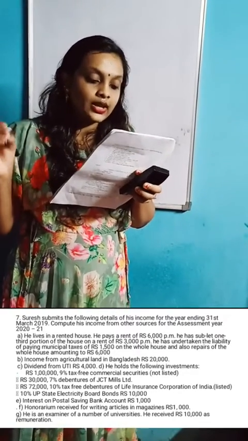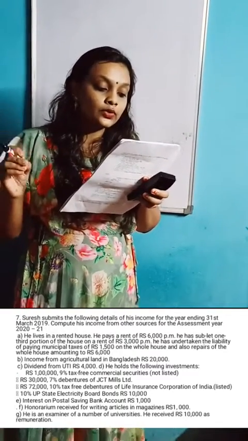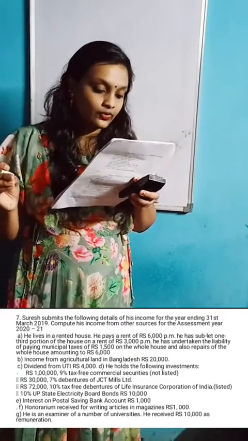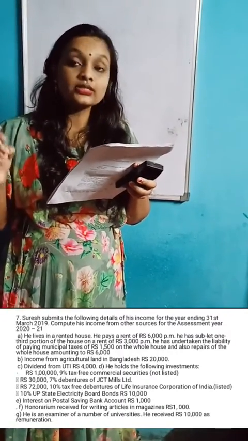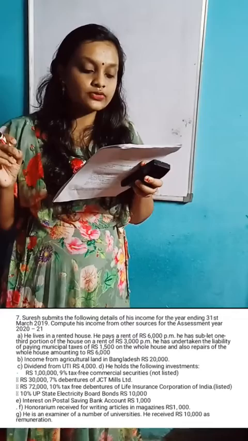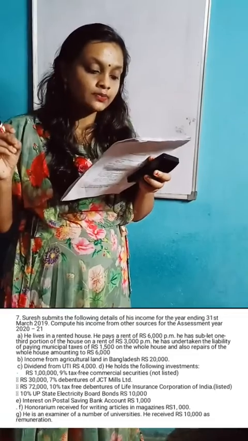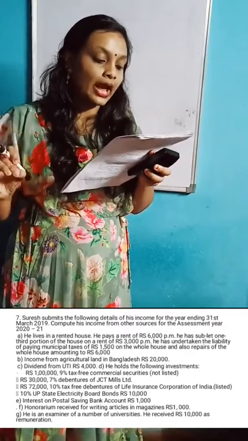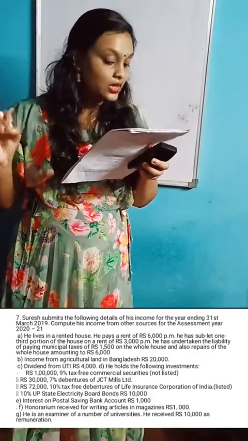Income from agricultural land in Bangladesh rupees 20,000. Dividend from UTI rupees 4,000. He holds the following investments: rupees 1,000 9% tax-free commercial securities not listed; rupees 30,000 7% debentures of JCT Mills Limited; rupees 72,000 10% tax-free debentures of Life Insurance Corporation of India, listed; 10% UP State Electricity Board bonds 10,000.